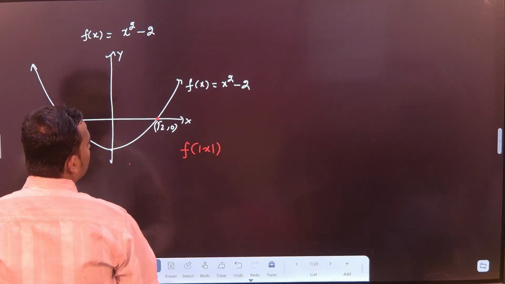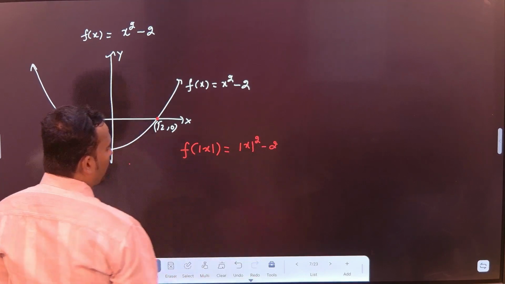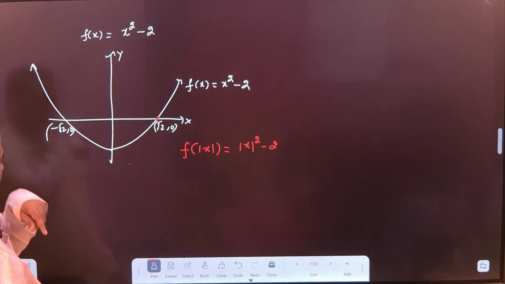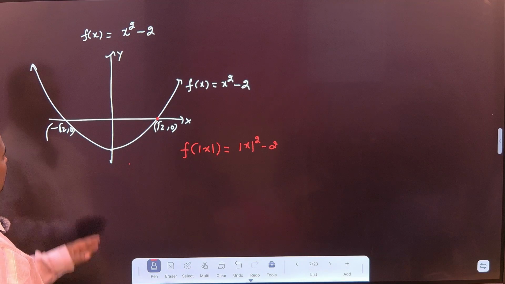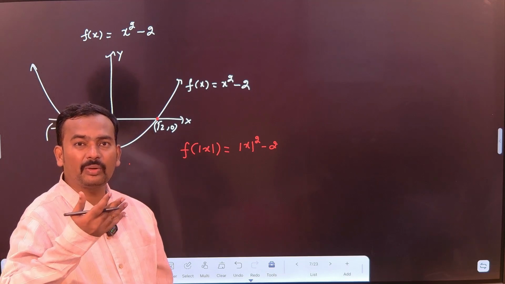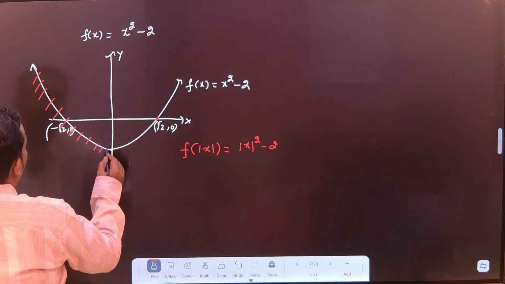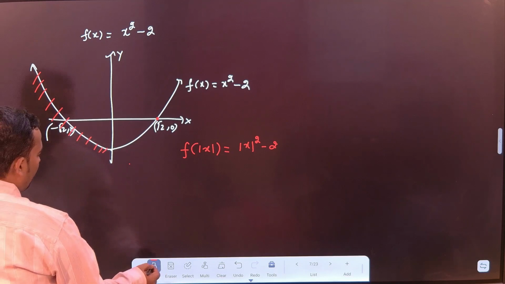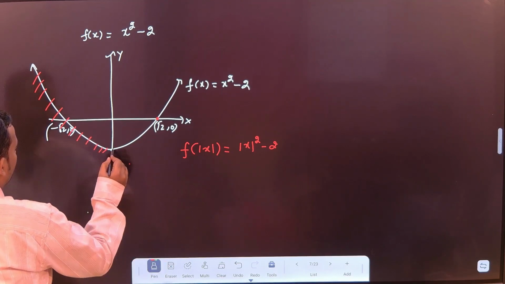Now you have to draw the graph of f of mod x. That means mod x whole square minus 2. Just replace x by mod x, right? What is the mod x rule? If you replace x by mod x, you have to remove the left side graph. Whatever the right side portion is there, you have to take the image of this.